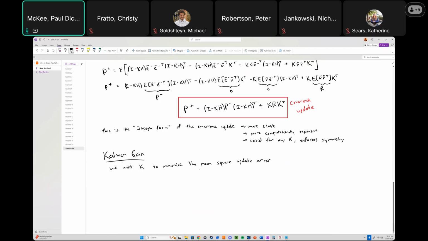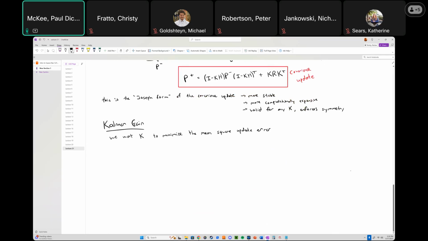Whenever I say the word minimize, everyone's probably thinking, oh, are we about to create a cost function? And then that cost function is going to be something that we have to take the derivative of and then set that equal to 0. And yes, absolutely. And it's going to be a whole page of math. Buckle up. Here we go.